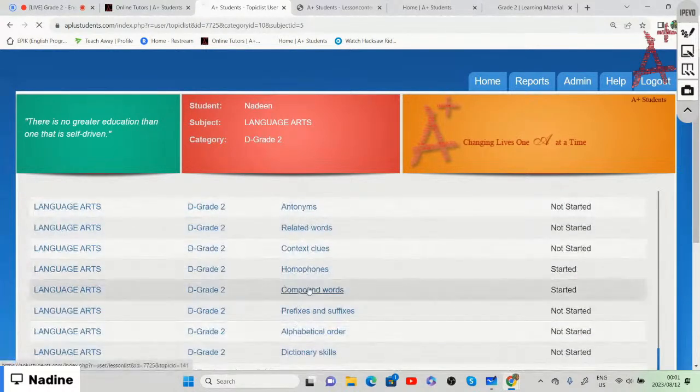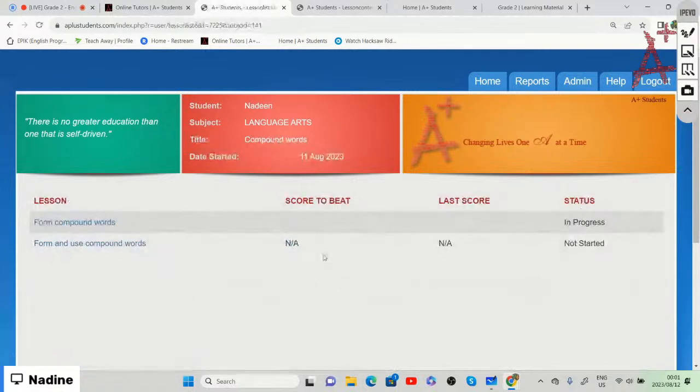Compound words. So the chapter for today is compound words, and the lessons that we are going to be focusing on under the chapter of compound words are to form compound words and to form and use compound words.